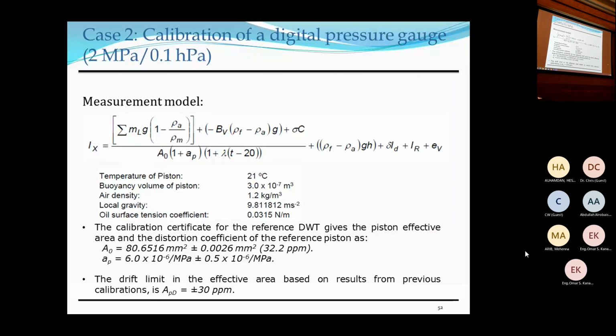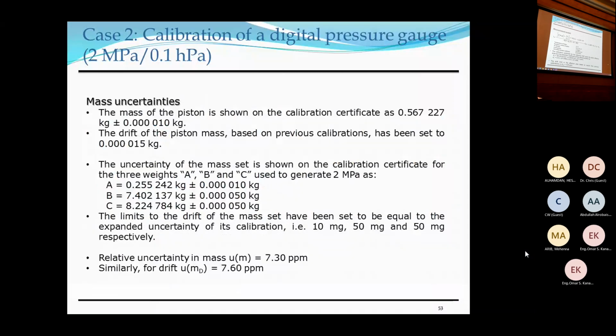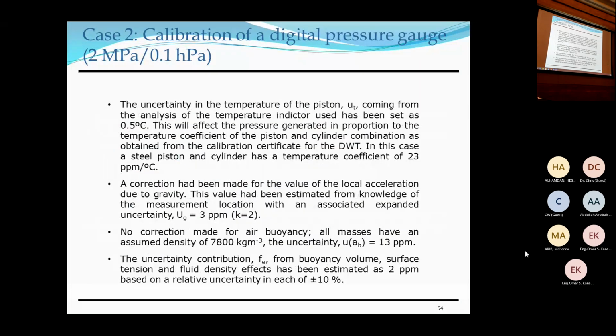So we have different contributions to all of these input variables to my model. We have the drift of the effective area, which is 30 parts per million. We have uncertainties of the masses used to generate the pressure. We have the drift of the masses, which are used for this purpose. So the temperature contribution, because there's a dimensional aspect to this.